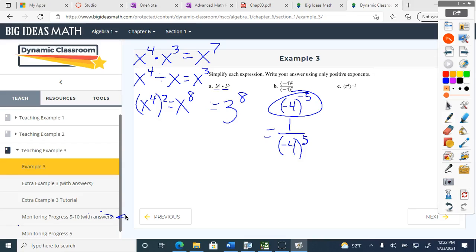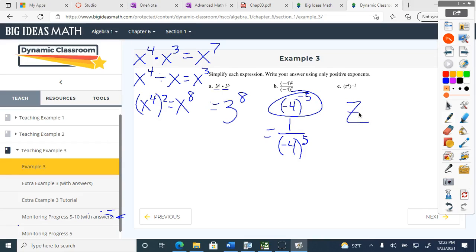Now, here's the problem. If you have numbers, you're just going to stick these in your calculator and let the calculator do the work anyway. The only time it really matters that you know the rules is when you have variables. So like on this one, this is going to be z, and we have a power to another power.